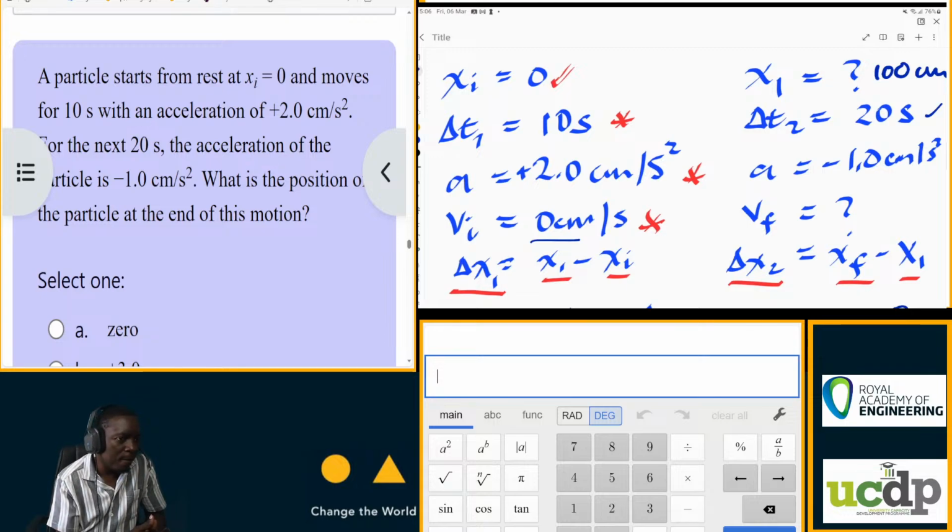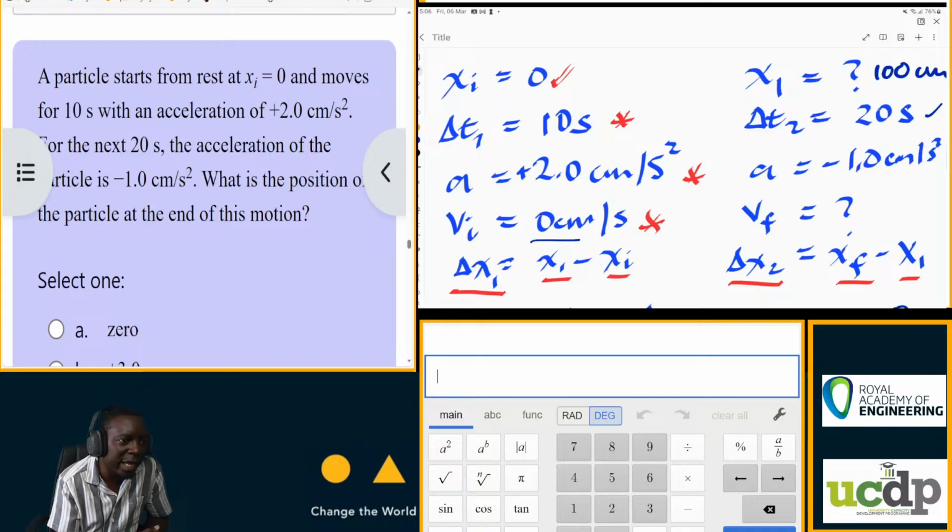Then for the next 20 seconds, which means after accelerating for 10 seconds at 2 centimeters per second squared, it is decelerating with a negative 1 centimeter per square second. What we need to find is the position, which is basically the displacement of this particle. If you look at the description, it's starting at x equals 0.